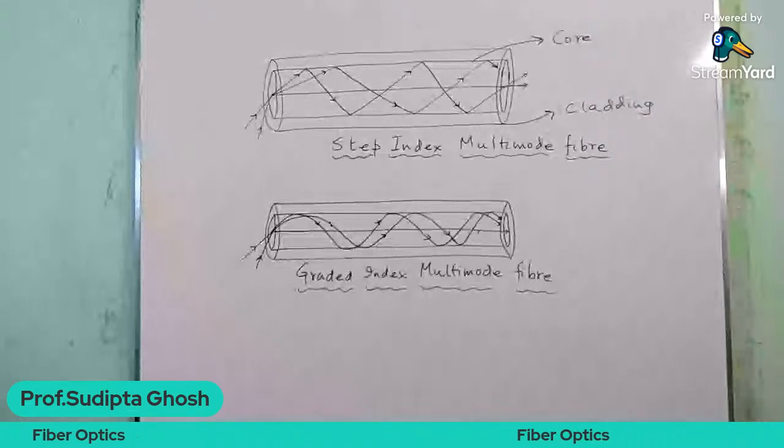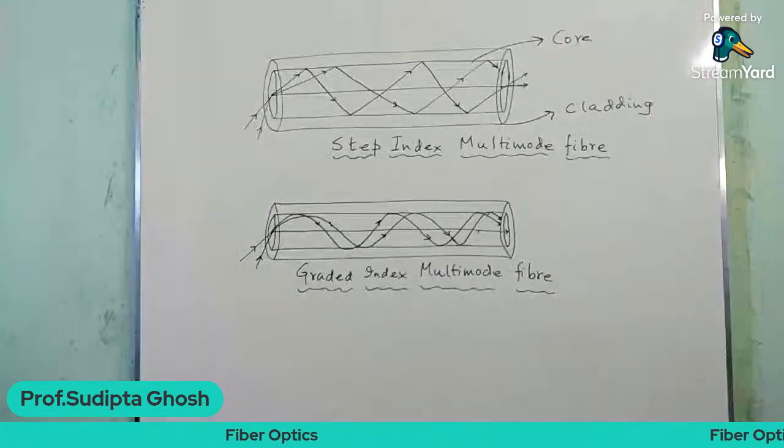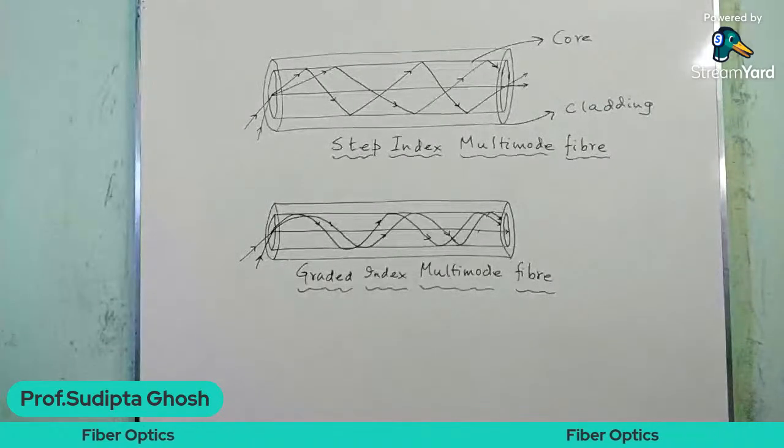Now a question may arise: if the diameter of the fiber becomes of the order of the wavelength, what will happen? As I have already told, since the diameter of these fibers is large compared to the small wavelength of optical signals, we must use the laws of geometrical optics.